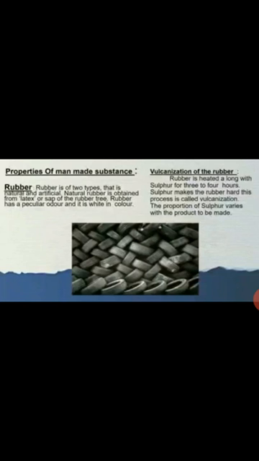In this process, rubber is heated for 3 to 4 hours and sulfur is mixed according to the proportion required. For example, in a rubber band the proportion of sulfur is very less. So students, I hope you understood whatever I explained in this chapter. In the next lecture, we are going to do part 2 of chapter number 6, Substances in Daily Use. In part 2, we will learn the further topics of this chapter.